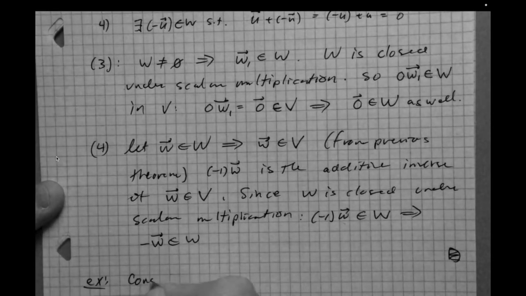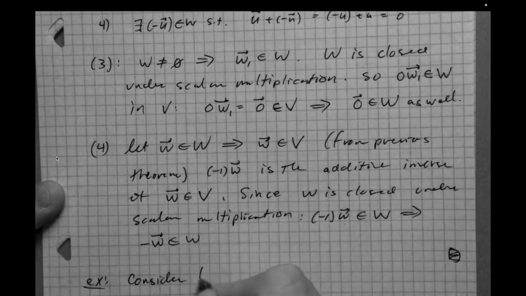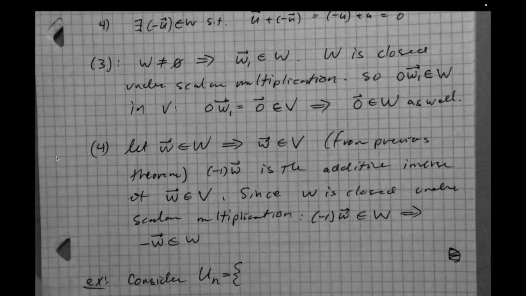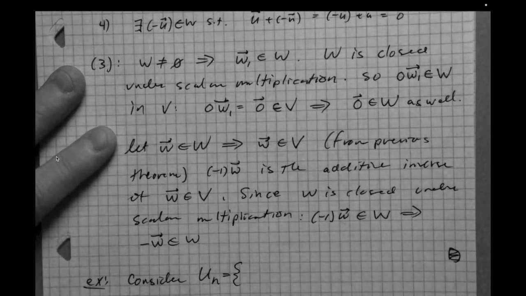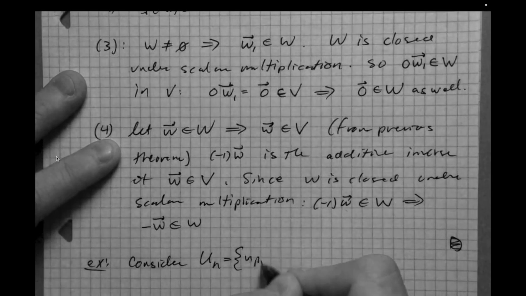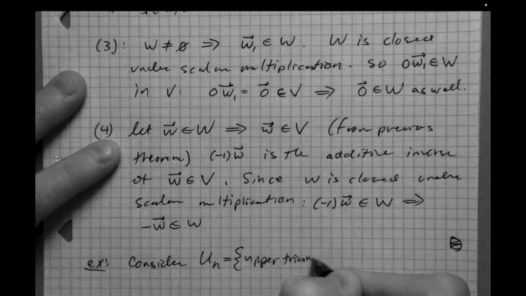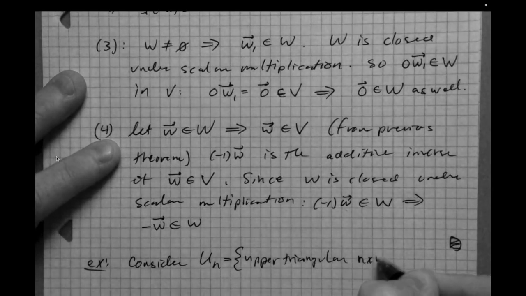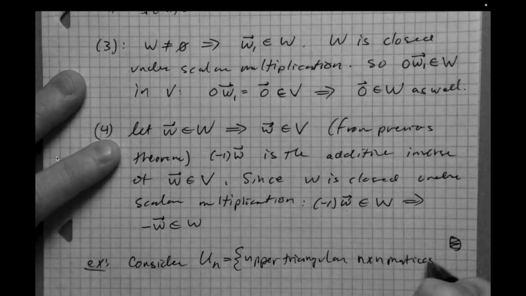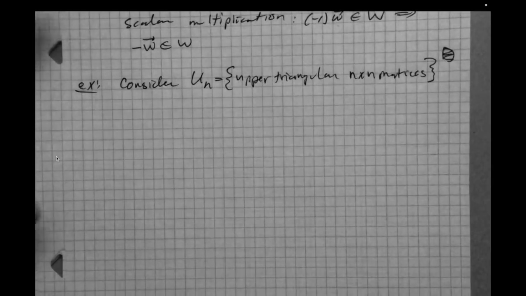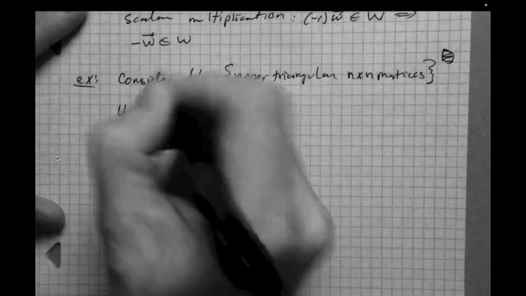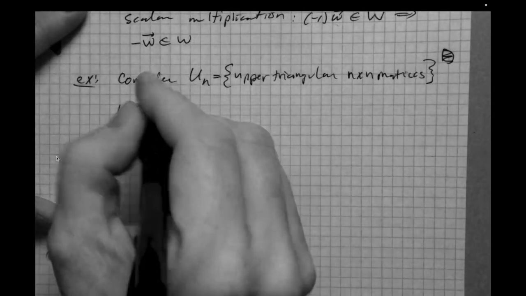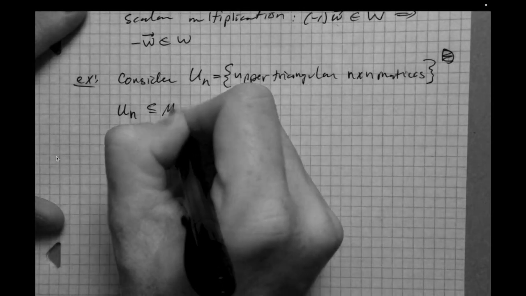So consider the set U_n of upper triangular n by n matrices. Clearly U_n is a subset of M_n, the n by n matrices.